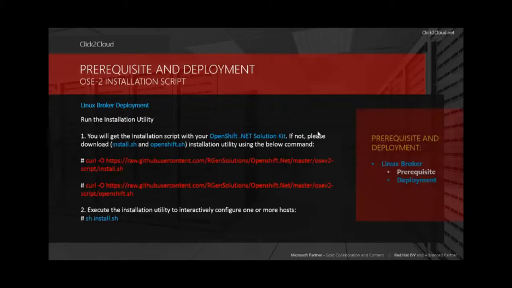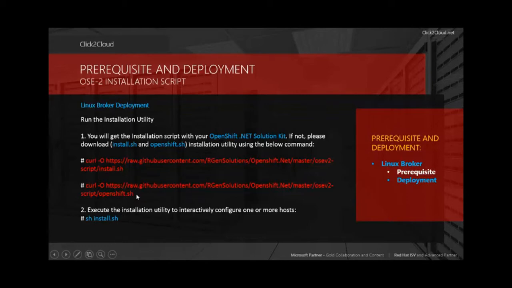Make sure you're connected to the internet. For deployment, you'll get the installation script with your OpenShift.NET Solution Kit. You can also download the scripts using the given commands on your screen. We need the install.sh and OpenShift.sh scripts.